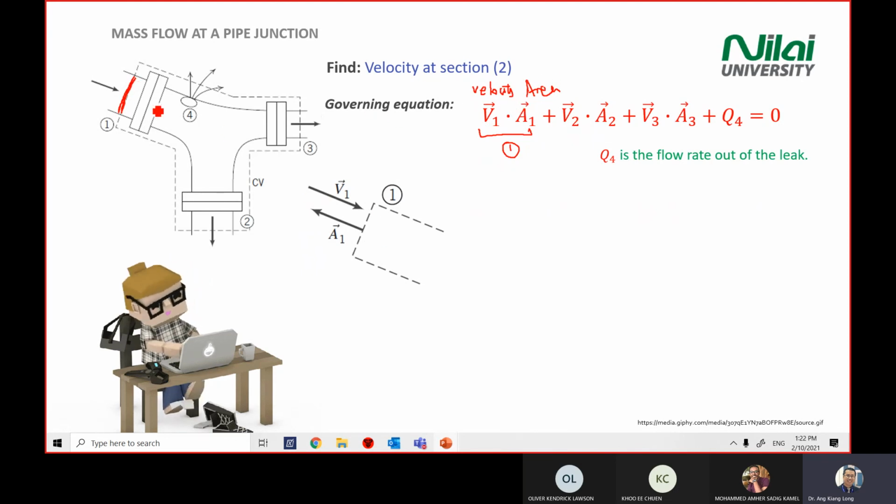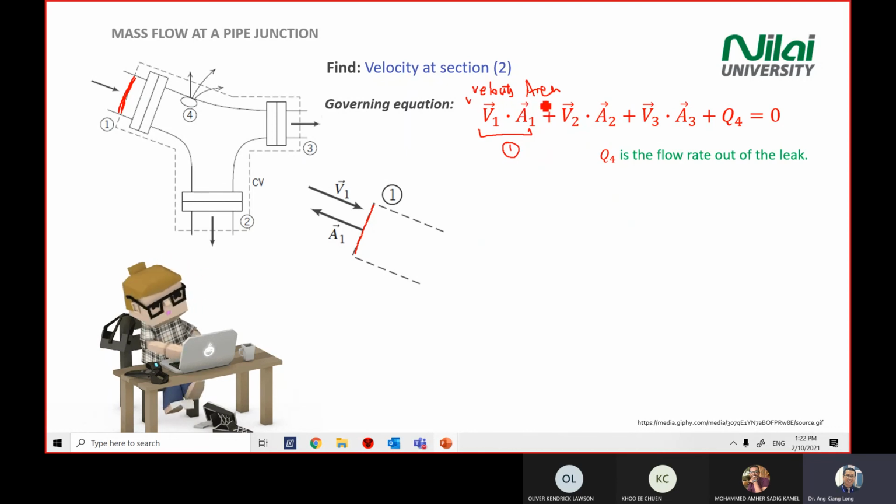The velocity vector is given in the question. For example, the velocity is going in this way. So you draw your velocity vector going into area number 1. This is the first step. Then you are clear with the velocity already.